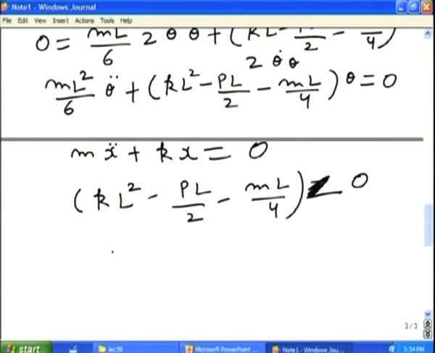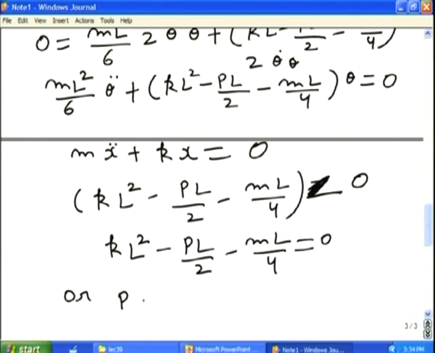Therefore the critical load is given by KL square minus PL by 2 minus ML by 4 equal to 0, or P is equal to 2KL minus M by 4.